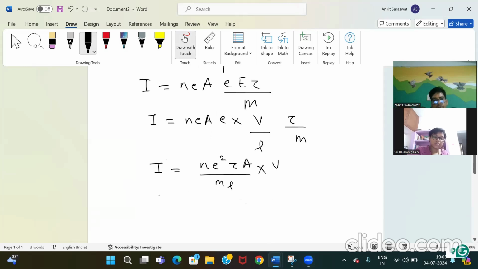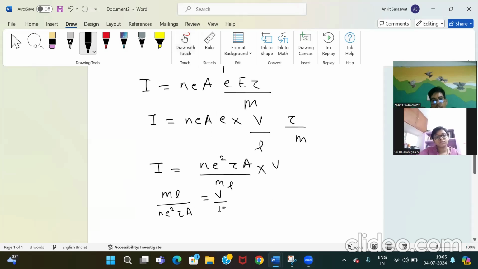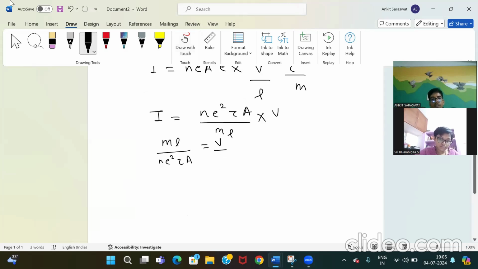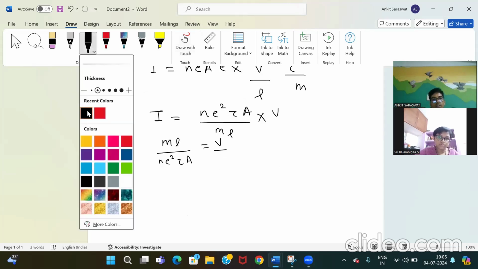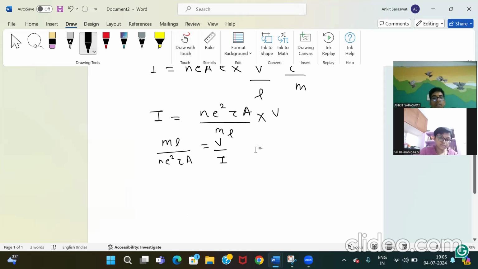Clear? Yes, sir. ml by n e square tau A is equal to V by I. What is there? V by I. Clear? Notice V by I. What is this V by I?